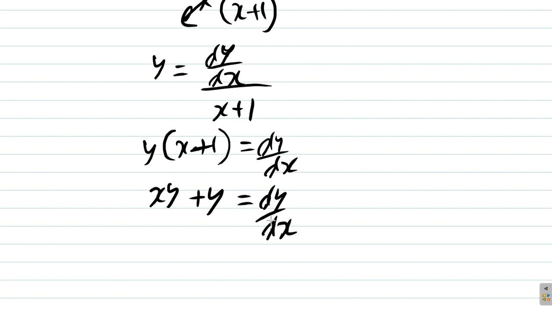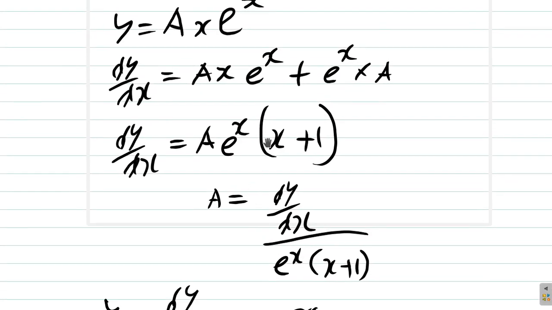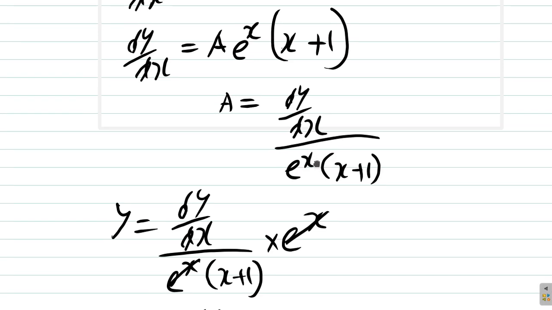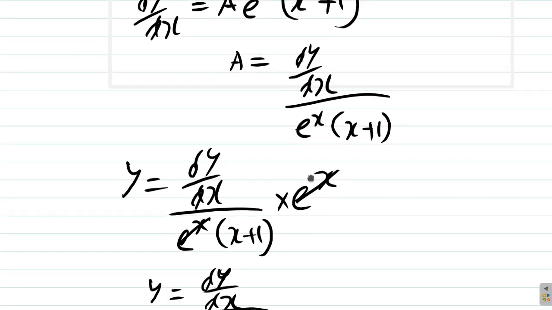Now, in this case, hold on, let's look back up here. Let me just review it. x, e to the x, e to the x, x times plus 1, e to the x, good. We have x here.